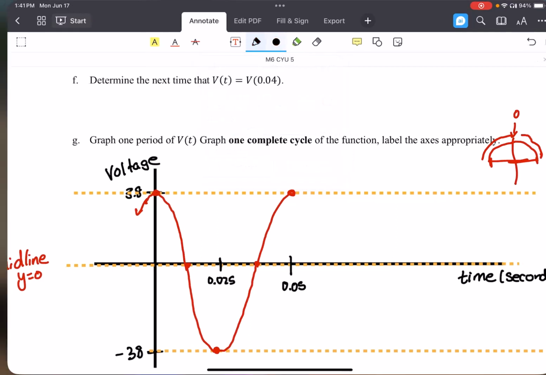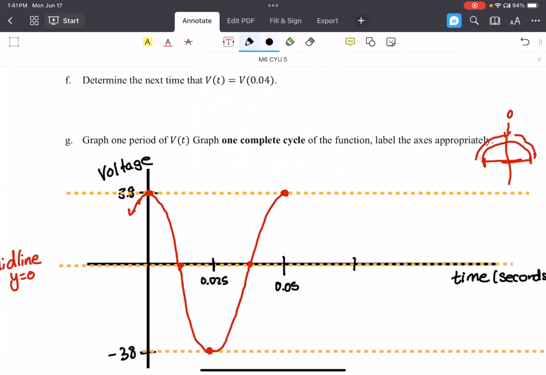That would put us back at our minimum, and so halfway would be there. All right, so I'm just giving myself a little bit extra.